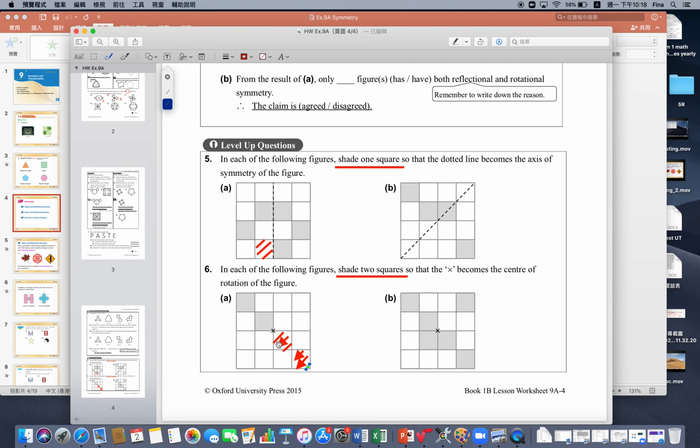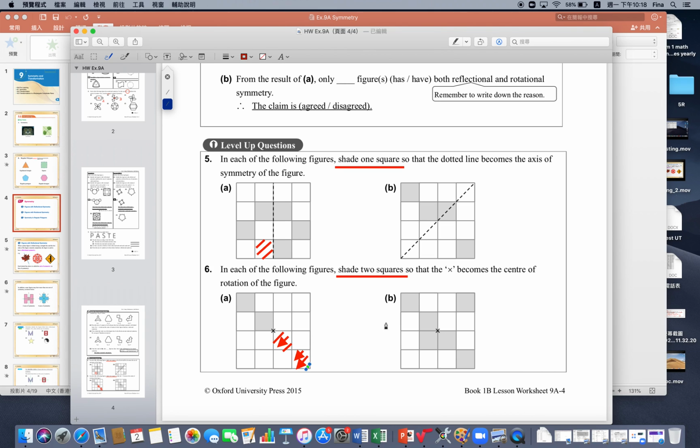Okay? So after you shade these 2 squares, you can find that here the cross is the center of rotation to make this figure have rotational symmetry. And for part B, try yourself, okay?